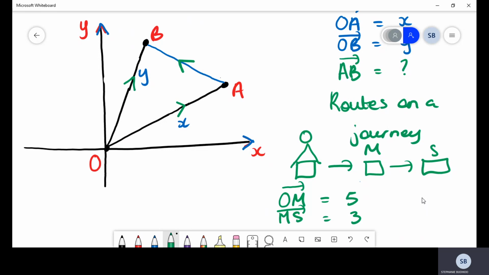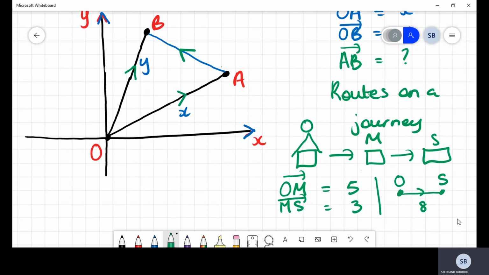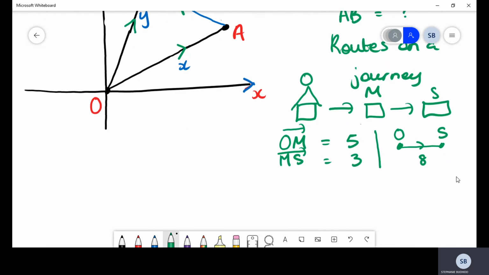At the end of the day, if I told somebody collectively that I started from my home and ended up in school, and in total the distance from my home to school is 8 miles, then if you wanted to use vector notation, from O towards S gives us a magnitude of 8.